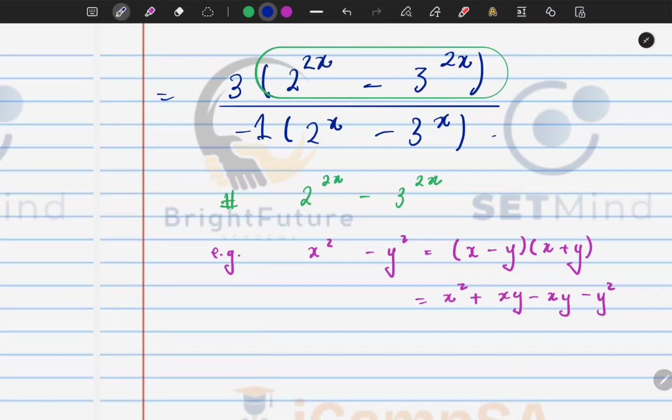So that and that will cancel, and you will be left with x squared minus y squared.